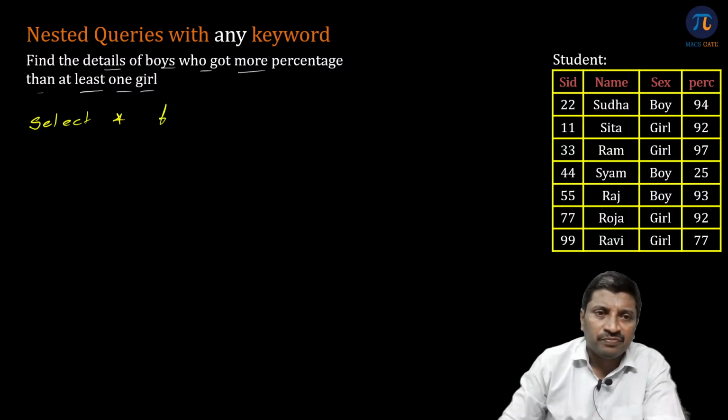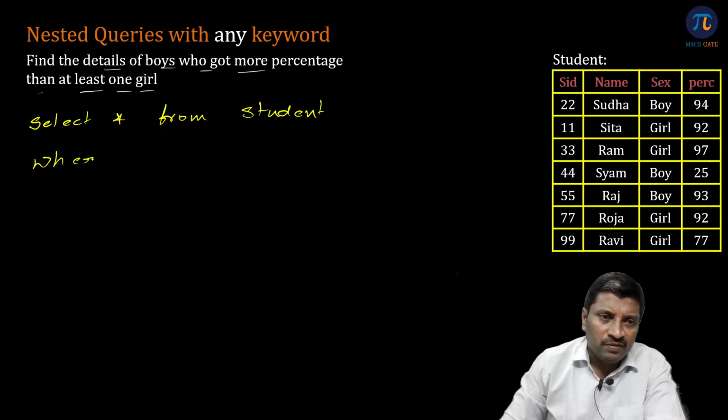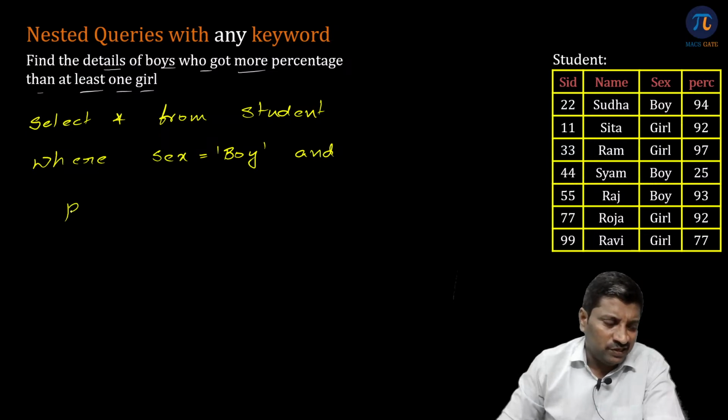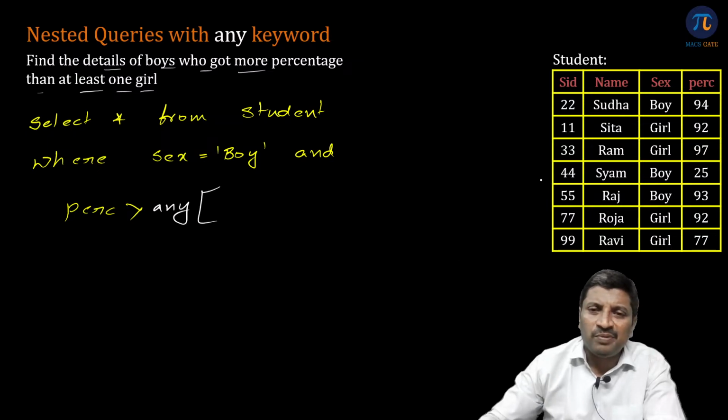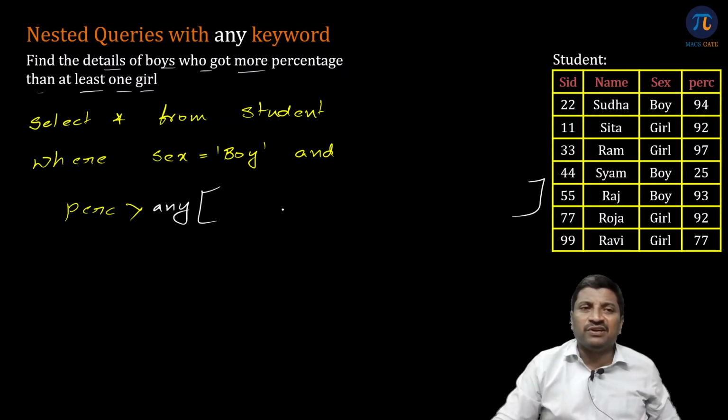Select star from student, where first of all he must be a boy. And the percentage must be greater than any or some.